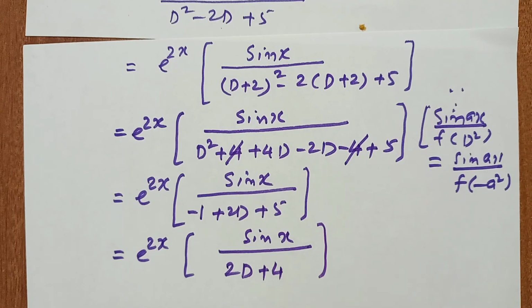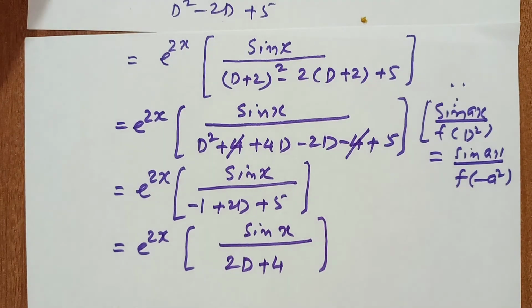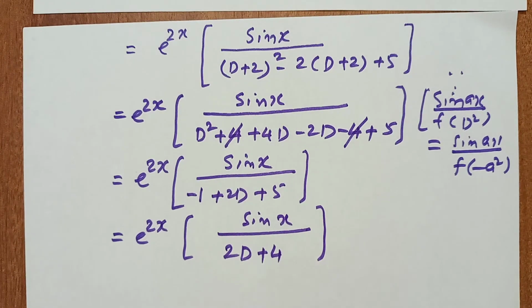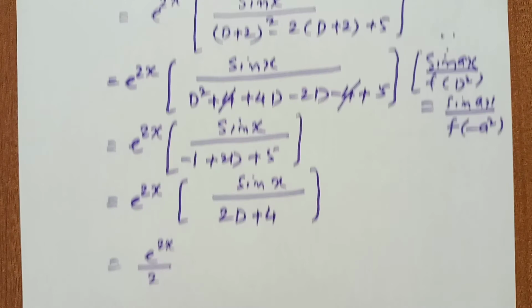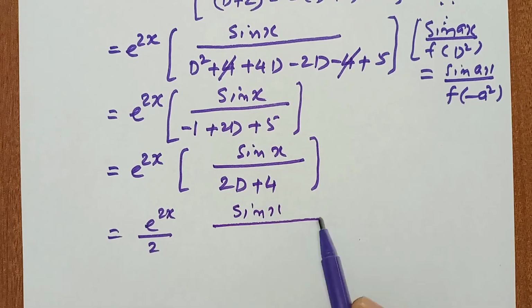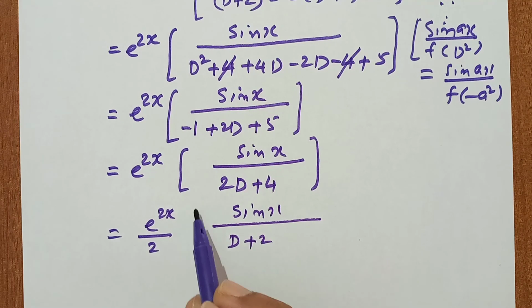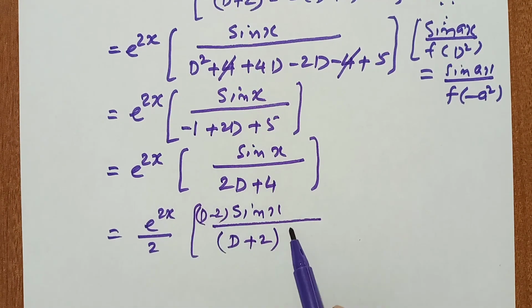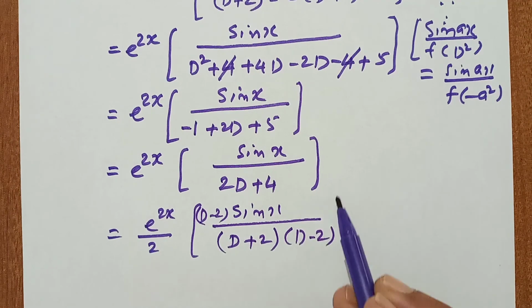Okay, now we have, in case of the particular integral of sin ax or cos ax, we need the D squared term. Okay, so first we take 2 common: e to the power 2x upon 2, and here sin x upon D plus 2. Okay, so we multiply D minus 2 in numerator and denominator.